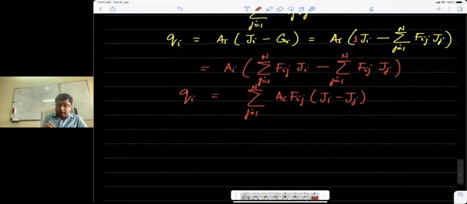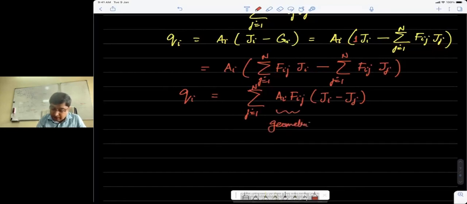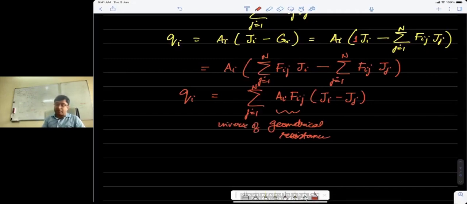So what it's saying is that the rate at which energy has to be supplied to surface I should be this difference Ji minus Jj, with some factor in the front. So this factor is what we call the inverse of the geometrical resistance, because the resistance will be 1 by Ai Fij.